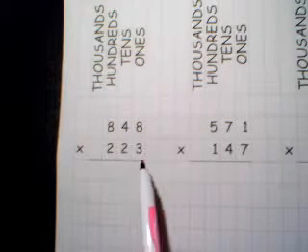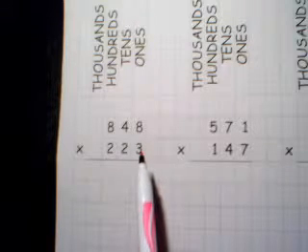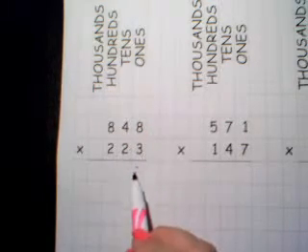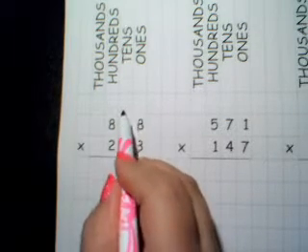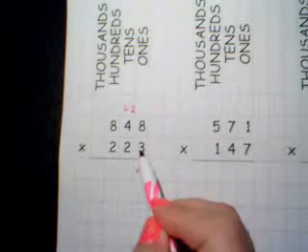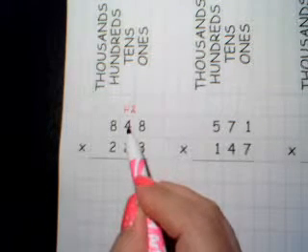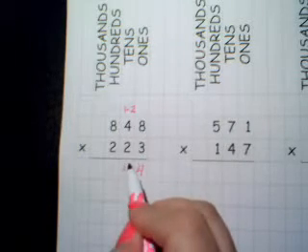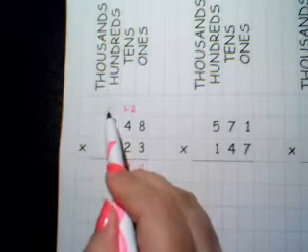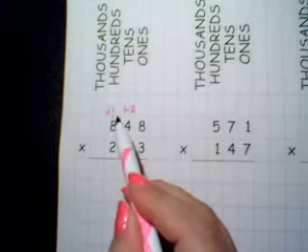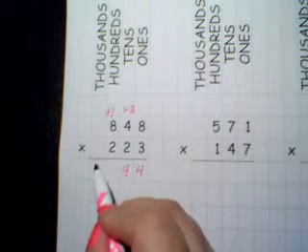Okay, if we multiply 3 in the ones column by 8, we're going to get 24. We're going to put our plus 2 up here, okay? Then we're going to multiply our 3 times our 4 and get 12, and add our 2 and get 14, okay? We'll put our plus 1 up here. 3 times 8 is 24, plus 1 is 25.